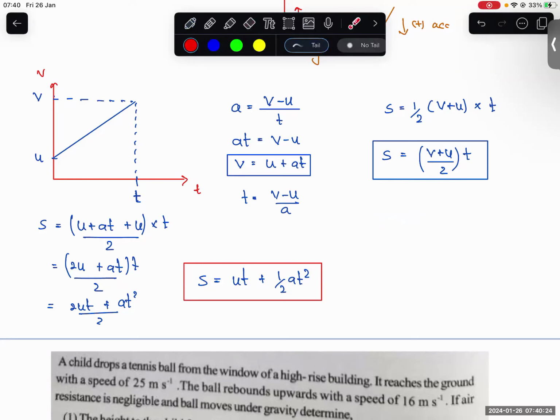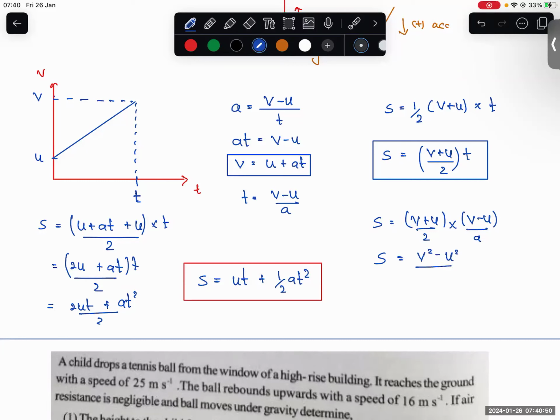So I'm going to substitute this for t here. So this is equal to v plus u over 2 multiplied by v minus u over a. So what is v plus u multiplied by v minus u? v squared minus u squared.